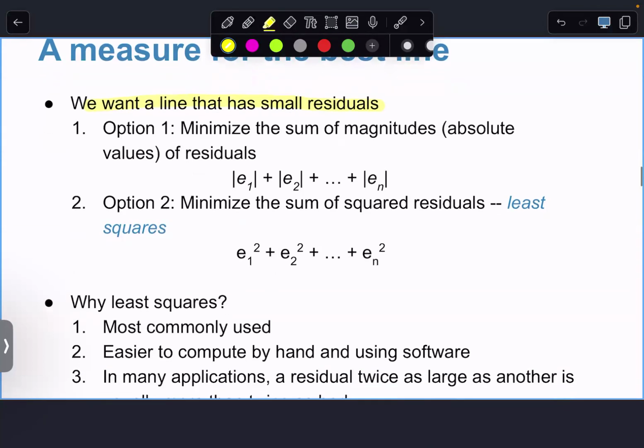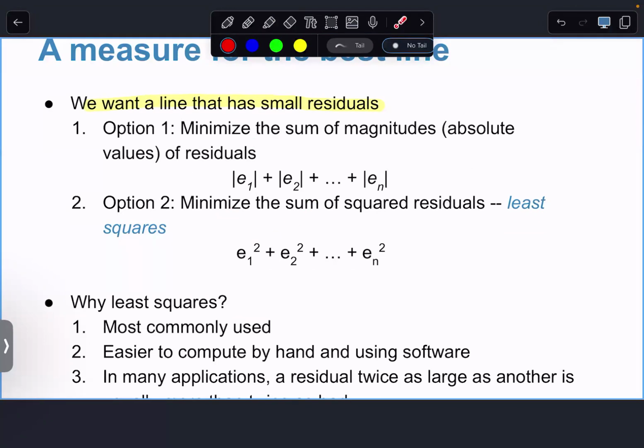And so we need to make them all positive somehow. We've seen that before when we calculated the standard deviation, for example. So we've got a couple of options, but really we just always use option 2. It's nice to see that they tried some stuff, it didn't work, it's too hard. And so we just use option 2.